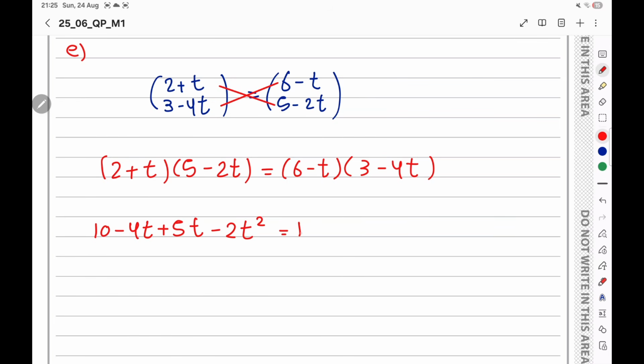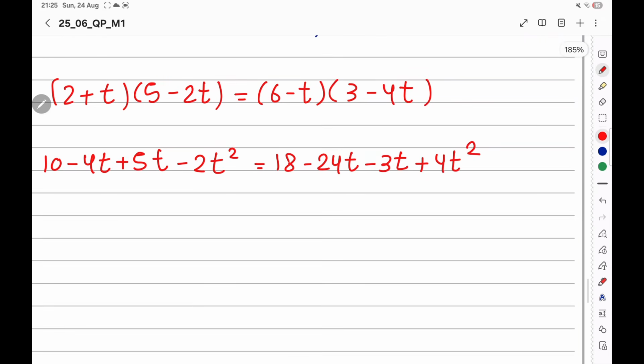Equal to 6 multiplied by 3 is 18, 6 multiplied by negative 4t is minus 24t, negative t multiplied by 3 is minus 3t, negative t multiplied by negative 4t is positive 4t squared.